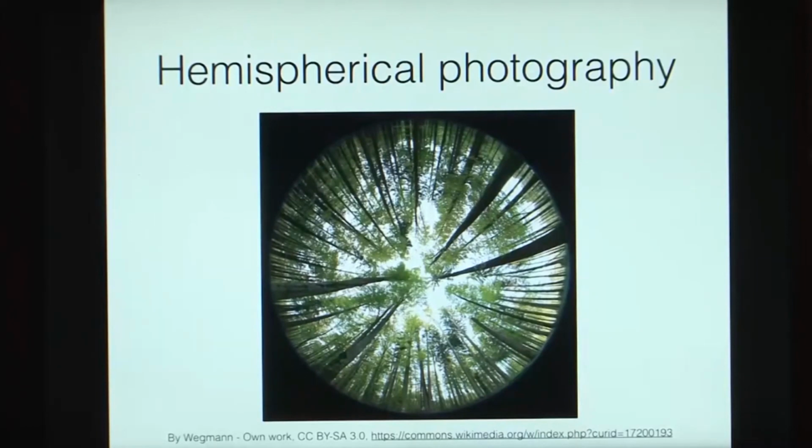Today we talked about how your canopy affects the growth of the saplings or the new seedlings in the forest by determining the amount of light that is reaching the forest floor. And we have two measures of canopy.